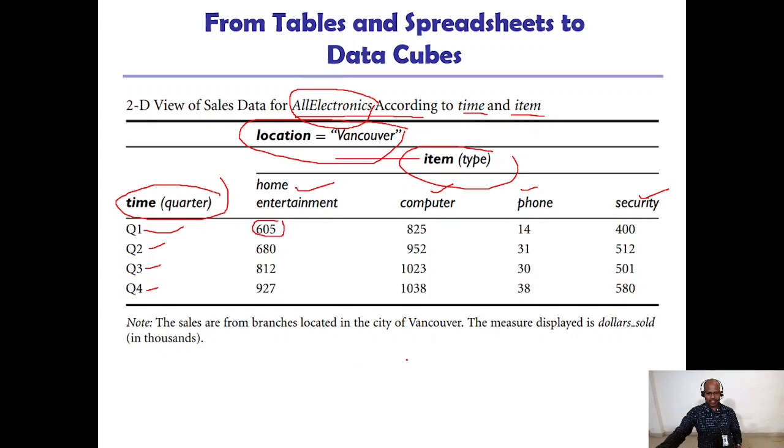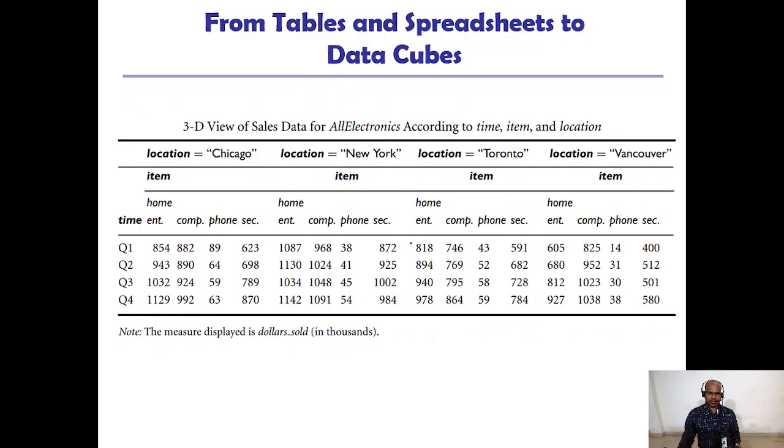The data displayed here is dollars sold, meaning $605,000 worth of home entertainment items sold. Like that, in quarter one, $825,000 of computer items sold. Like that, we need to store the data. This is the two-dimensional representation, and now we have 3D data.